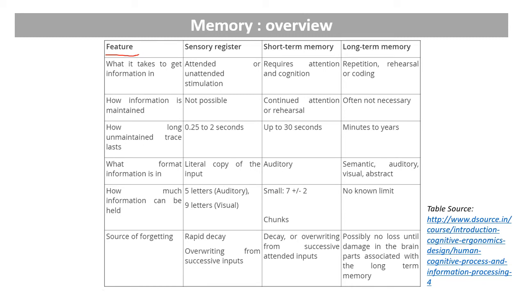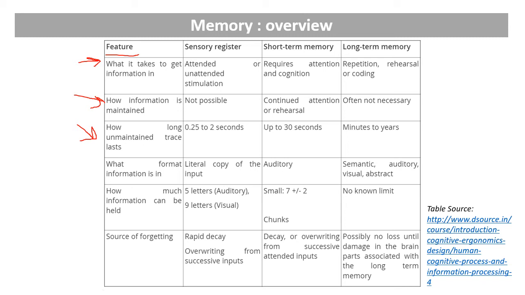For example, the information which is fed in through our senses: what it takes to get the information in, and once the information is fed, how it is maintained, and once it is maintained, how long it will last, and how it will dissipate, right?